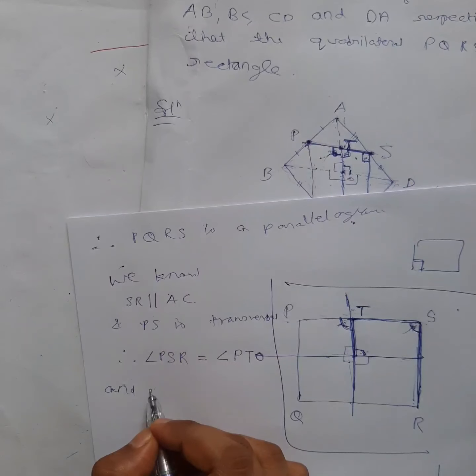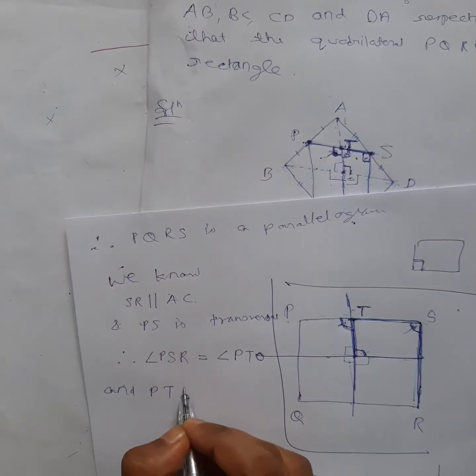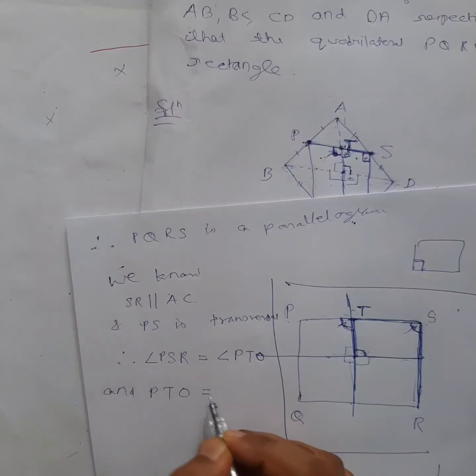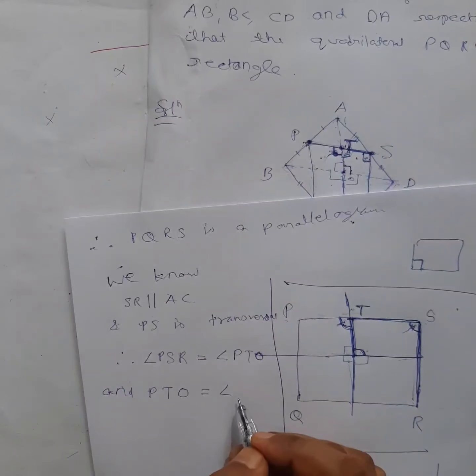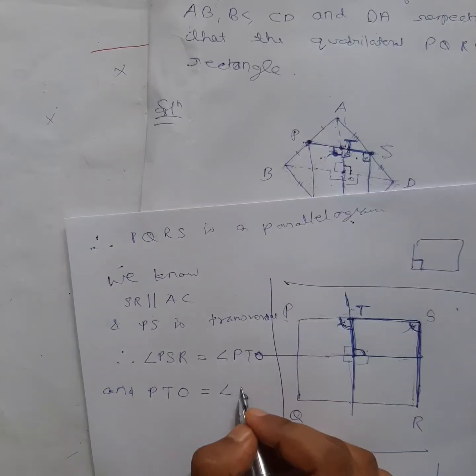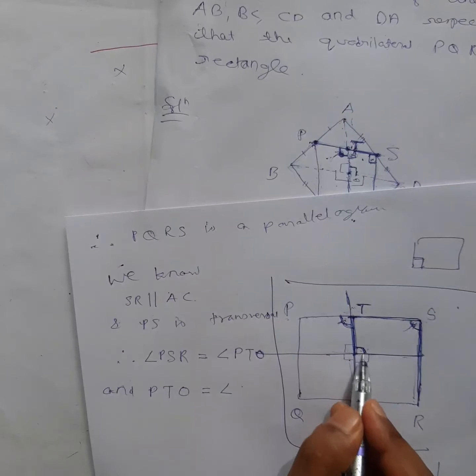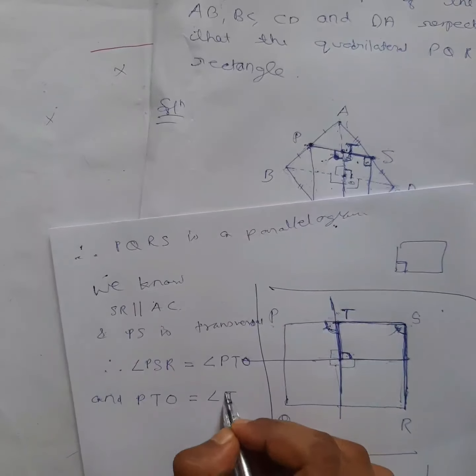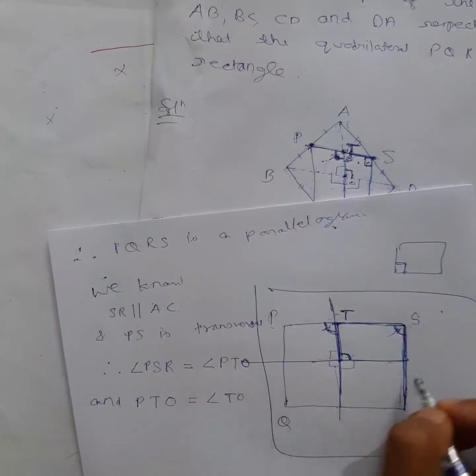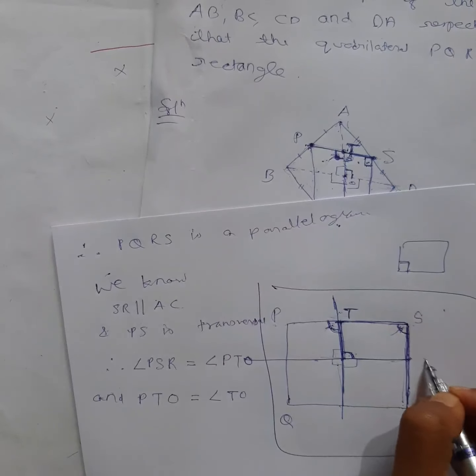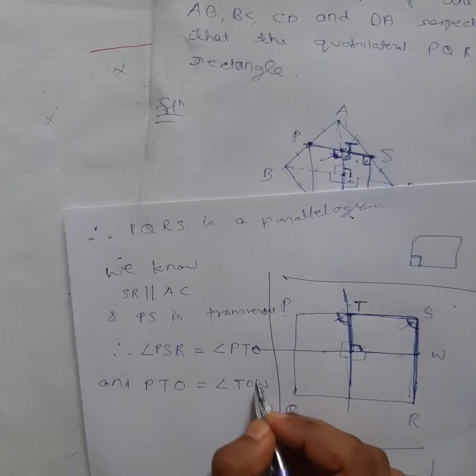Angle PTO is equal to angle this one. So this angle, what will it be? TO. Let me name this also W. Let me say W.